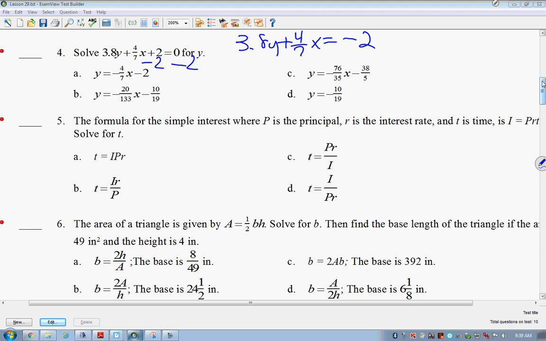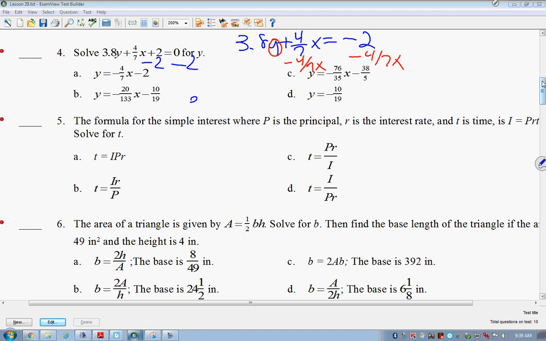Trying to solve for y. Subtract 4/7 x, very good, minus 4/7 x. Okay, so let's see. What are we going to write then?